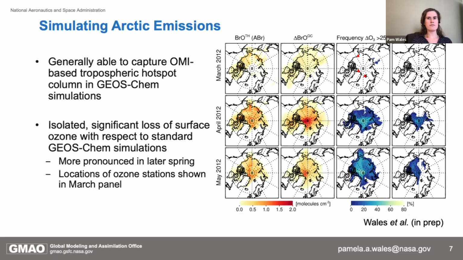We do have isolated but significant decreases in surface ozone more later in the season. You can see we're not capturing much of what's going on in March. But later in the season, it gets to be a little more widespread, if infrequent. I have some locations of surface ozone stations indicated as red triangles.